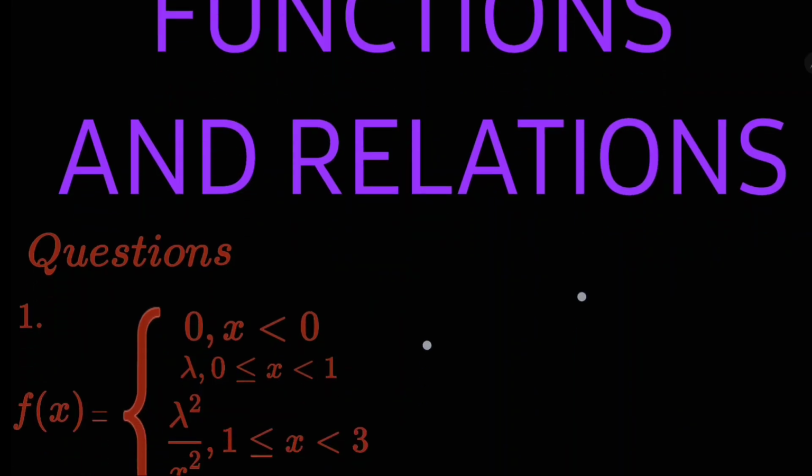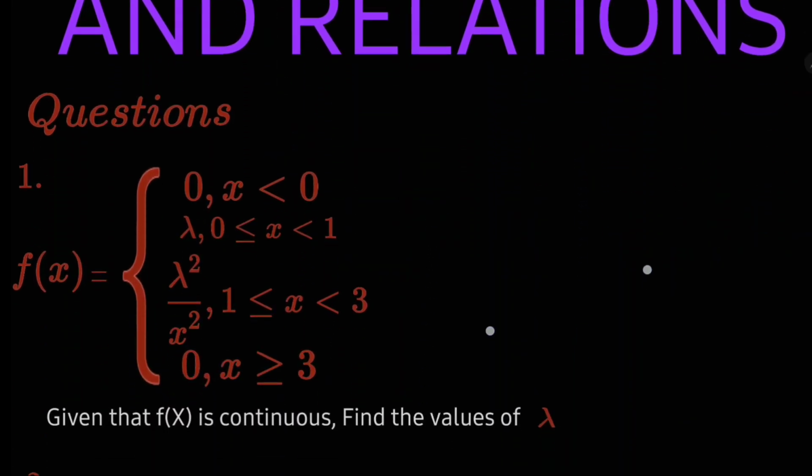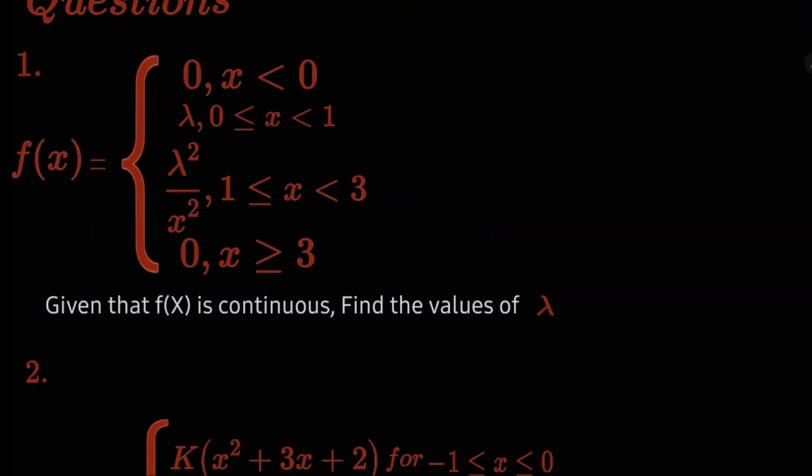Today we're going to solve some questions under continuity of functions, under continuous functions. Okay, so this is a question. Here we are asked to find the values of lambda given f of x is continuous. So that is what we're to do in the first question.